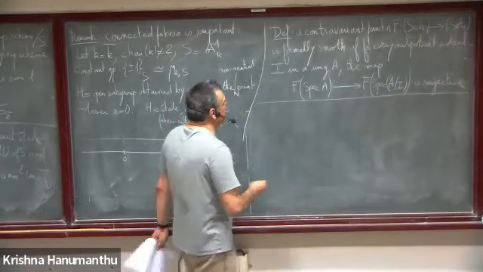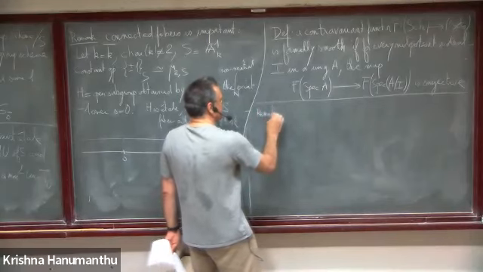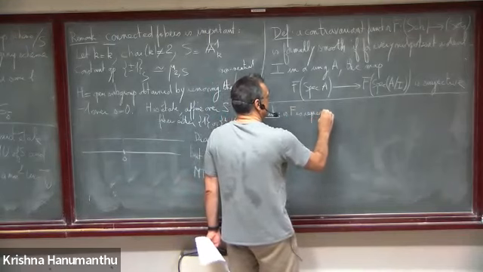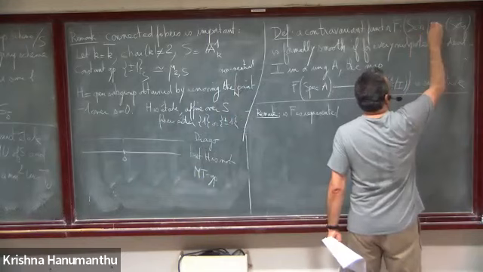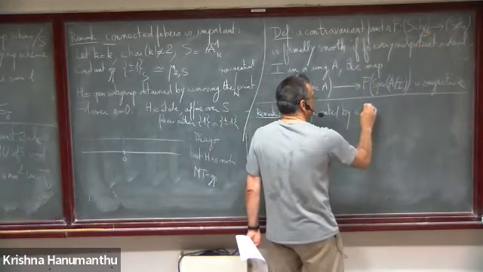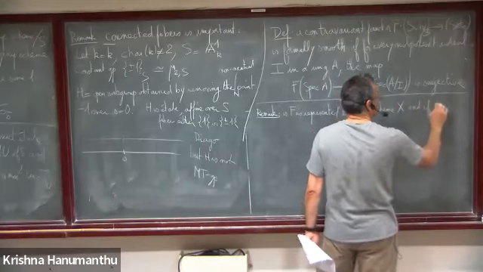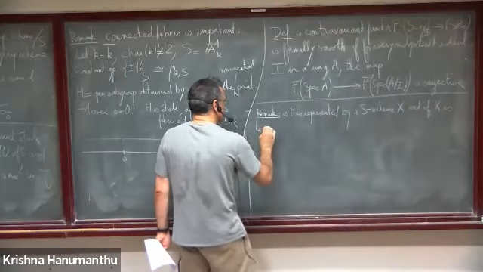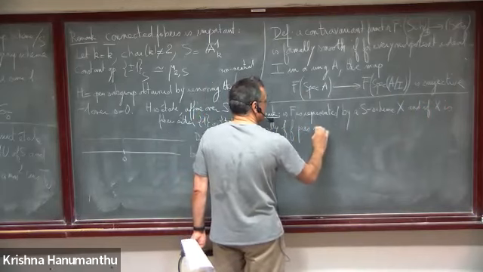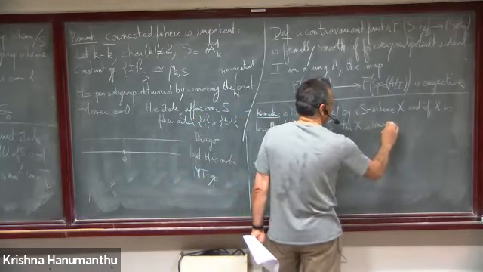Okay, so I will comment later. And so the remark, related to the usual notion of smoothness: let's say that we work with the category of schemes over a fixed base S. If F is represented by an S-scheme X, and if X is locally of finite presentation over S, then X is smooth.